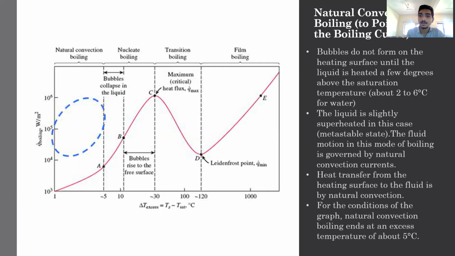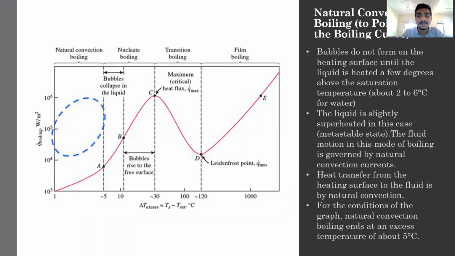Here you can see the natural convection region of the boiling curve, the blue color region. It is called the natural convection boiling region, up to point A on the boiling curve. The bubbles do not form on the heating surface until the liquid is heated a few degrees above the saturation temperature, about 2 to 6 degrees Celsius for water.